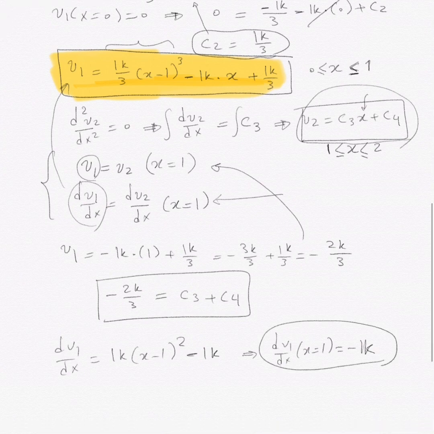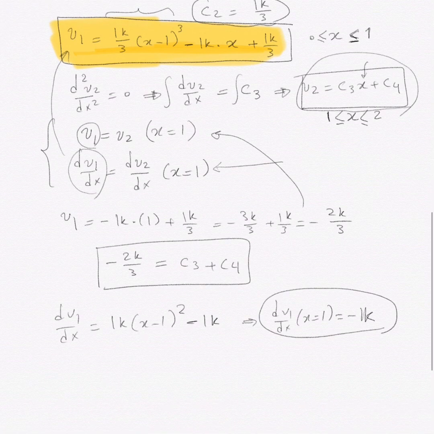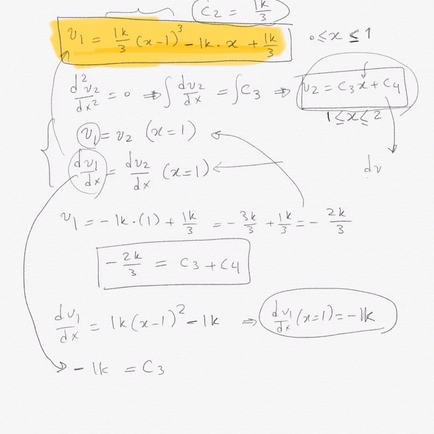There you go. Now going back to the equation, it says negative 1k. I'm using this equation. The left hand side becomes negative 1k. The right hand side is the derivative of V2 with respect to x, which is C3. Take the derivative of this with respect to x: dV2/dx is equal to C3, evaluated at x equal to 1 becomes C3. So this equation immediately gives me the value of C3, which is a good thing. Now substitute here to get C4.